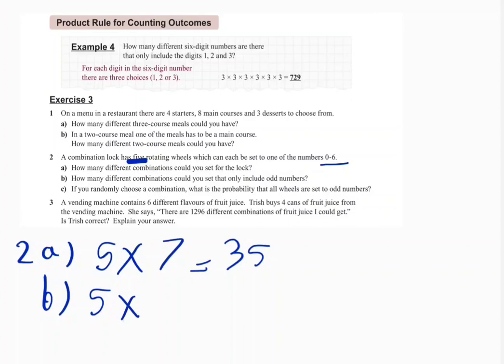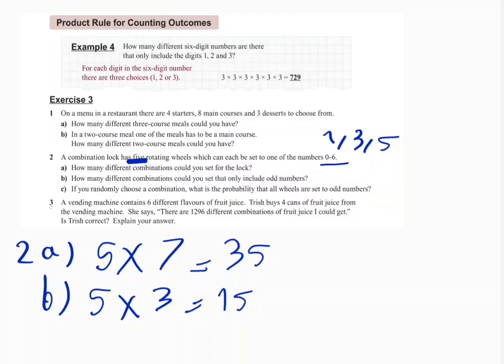But now for the second event, which was choosing one of the numbers 0 to 6, since it says only odd numbers, the odd numbers between 0 and 6 are 1, 3, and 5. So we are going to have 3 options. So 5 times 3, which is 15, and that's the answer to the second part.